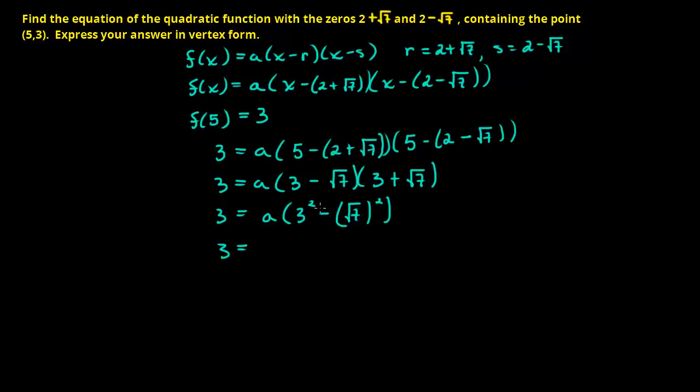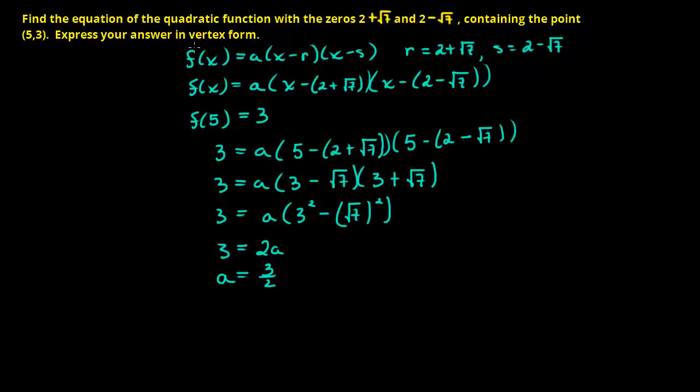Well, 3 squared is 9. Root 7 squared is 7. So 9 minus 7 is 2. And thus I get 2a is equal to 3. We can divide both sides by 2 to isolate for a, and we get that a is equal to 3 halves. So that gives us the a value of our function.